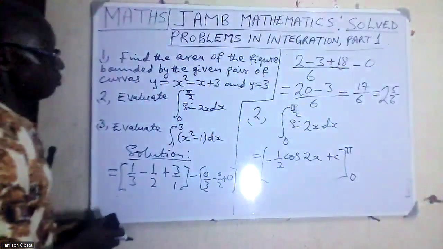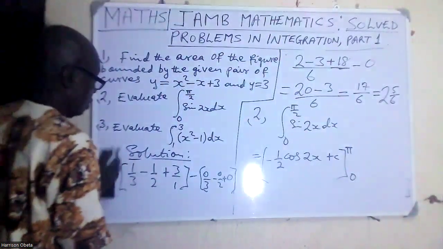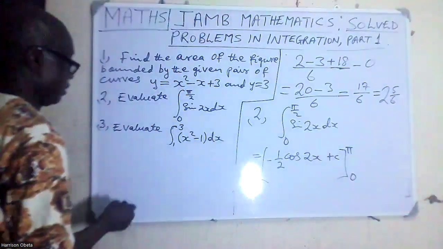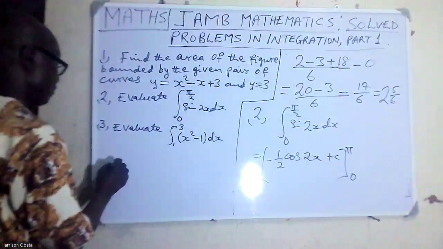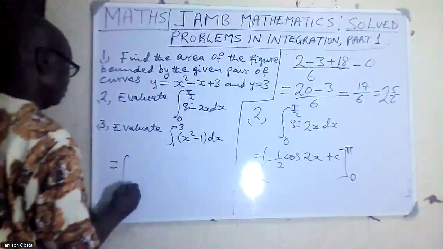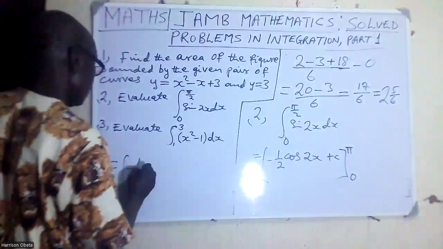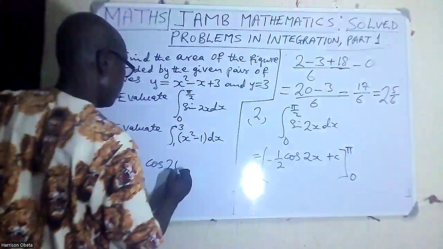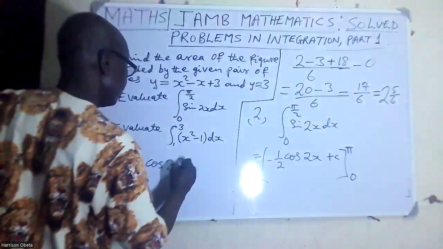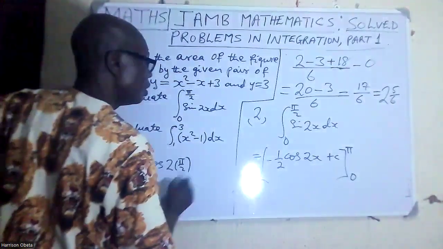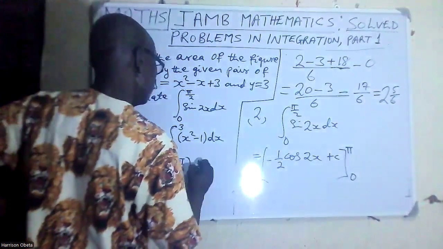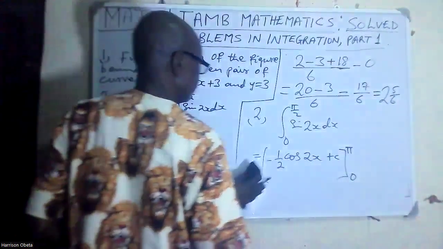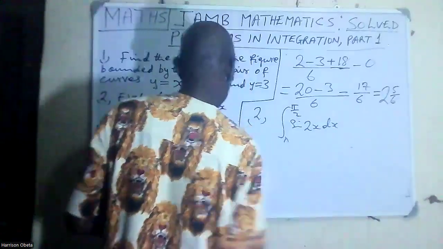So, moving on carefully, coming back here, we now bring in the values, and that will give us minus 1 over 2 cos 2 brackets pi over 2 plus c.